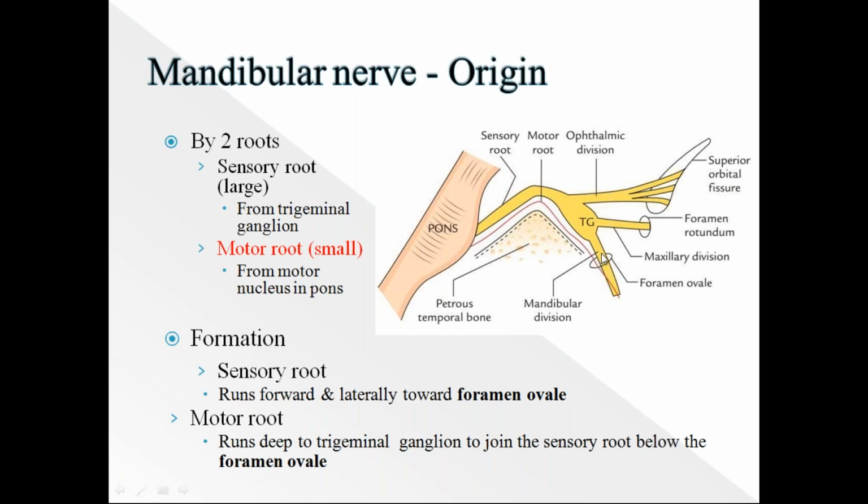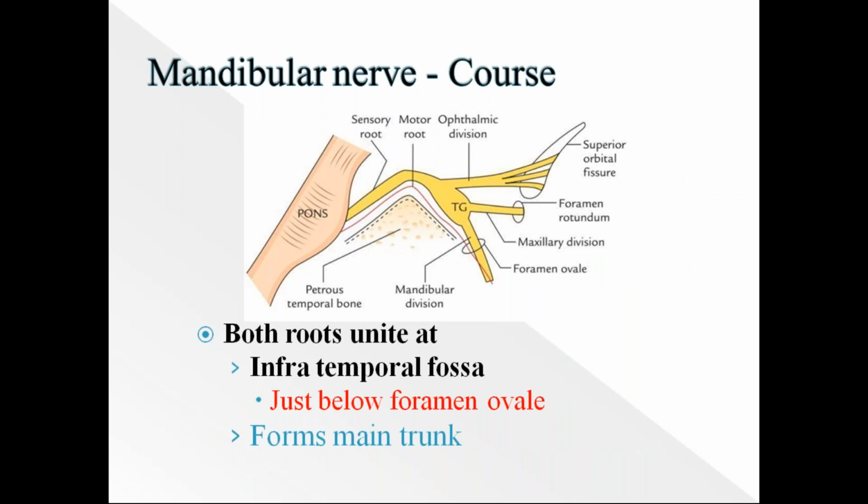Both roots enter the foramen ovale separately. After entering the infratemporal region, both roots join to form the trunk. The formation of the trunk of the mandibular nerve takes place in the infratemporal fossa just below the foramen ovale.